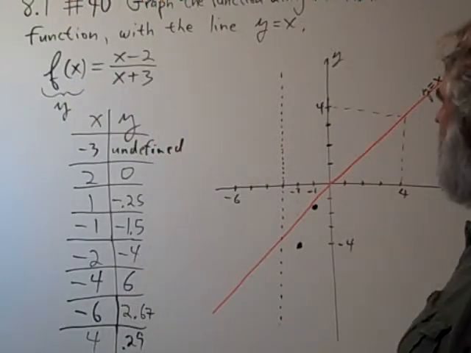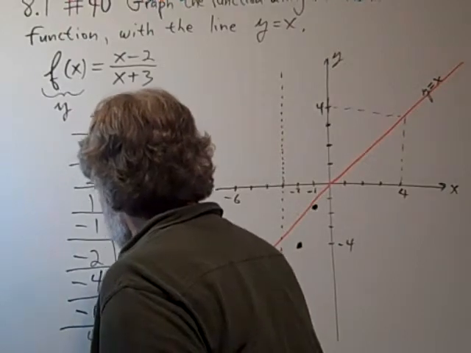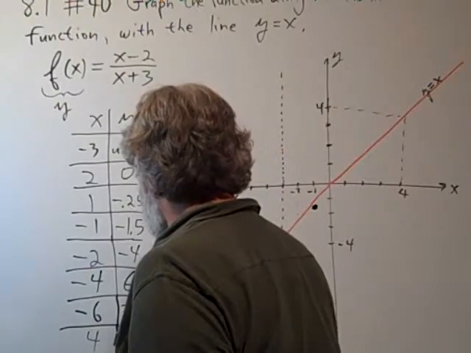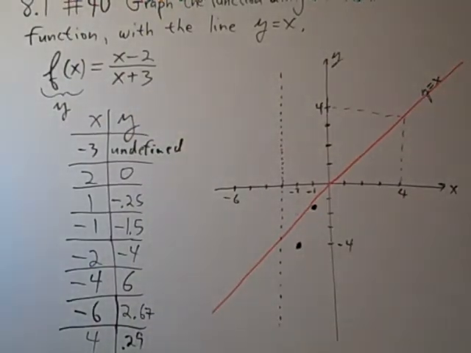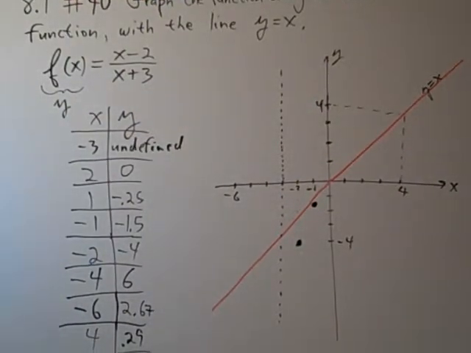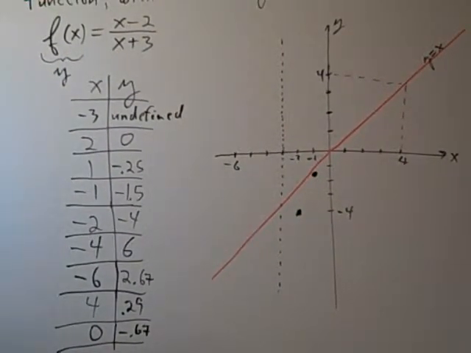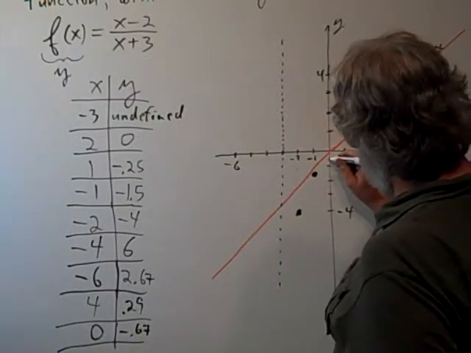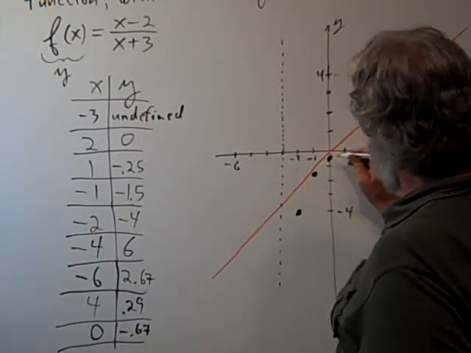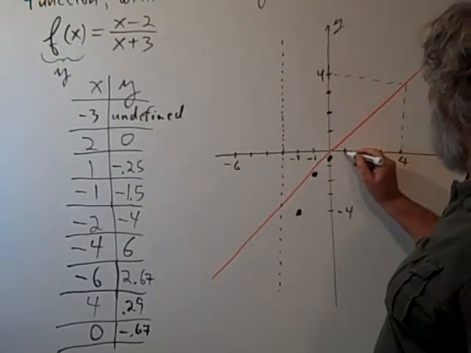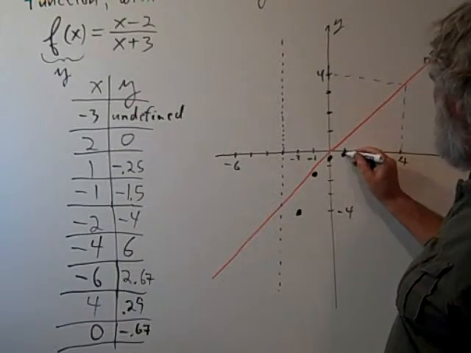When x is 0, let's do the point. When x is 0, it's negative 2/3, which is negative 0.666 or negative 0.67. So at 0 it goes to negative 0.67. The intercept is about there. And when x is 1, we go to negative 0.25, just a little bit below the x-axis.